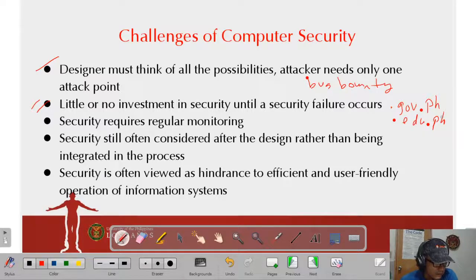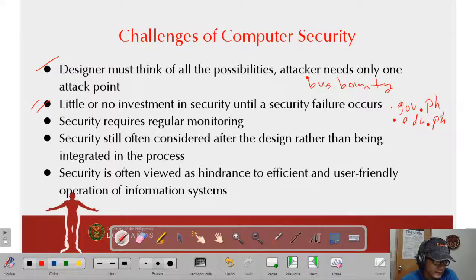So let's say a state university or college, or even UP, they set up a WordPress site, a Joomla site, or a Drupal site without considering the security settings when they deploy these sites.